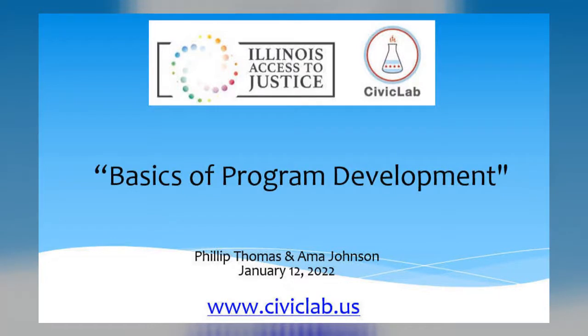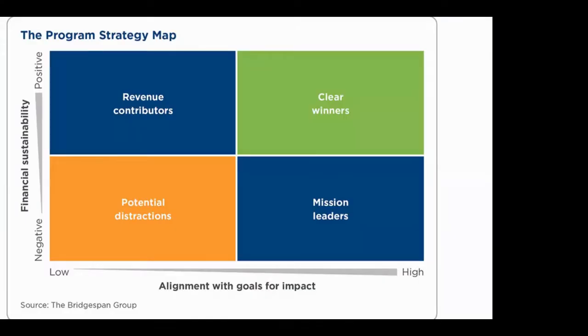So if we look at those two blue quadrants, they represent the strongest alignment, either with financial ability, sustainability, or with impact. Those are kind of the sweet spots.